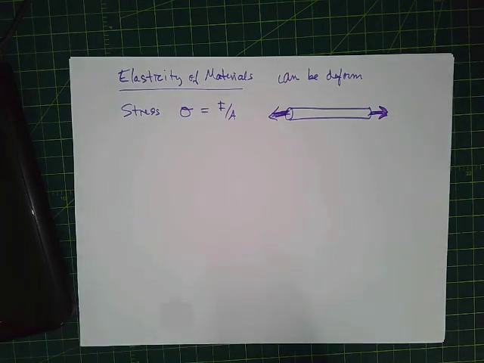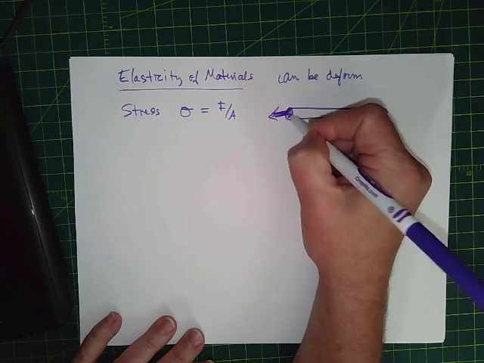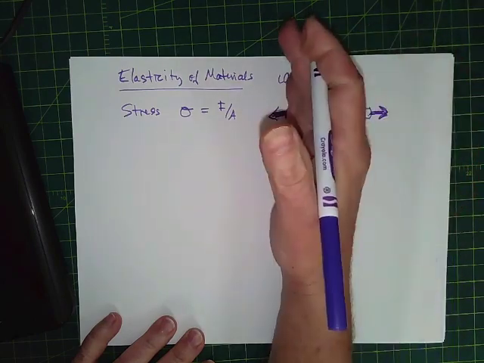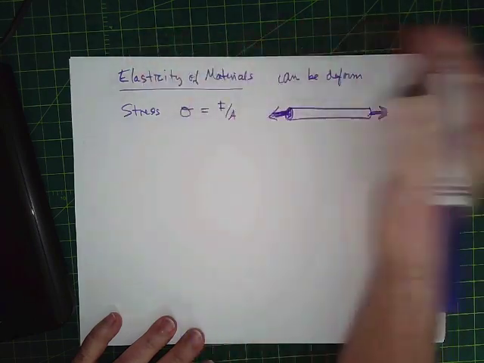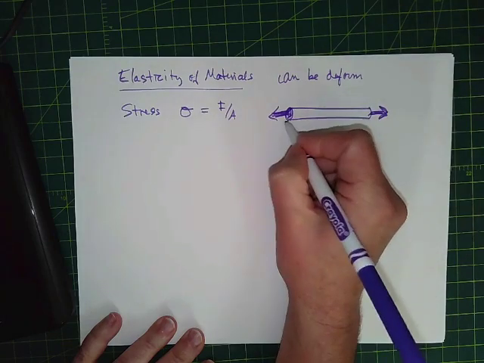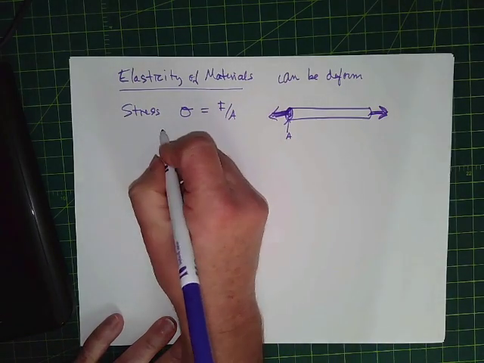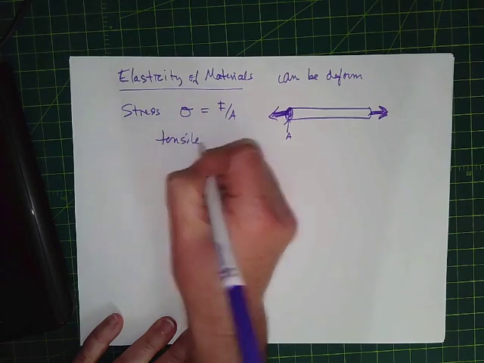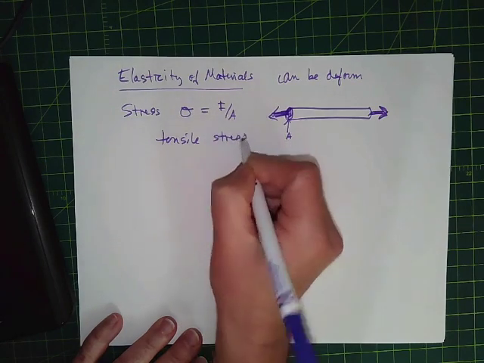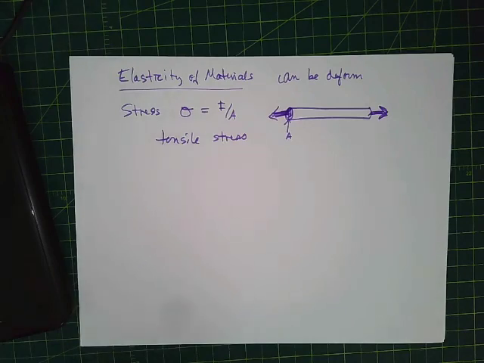If we cut a cross section and look at the force inside the cable, the area would be the cross-sectional area of the cable. We think of the force acting over that whole area, so the stress is the force over the area. We would tend to call this tensile stress, the stress of tension, of being stretched.